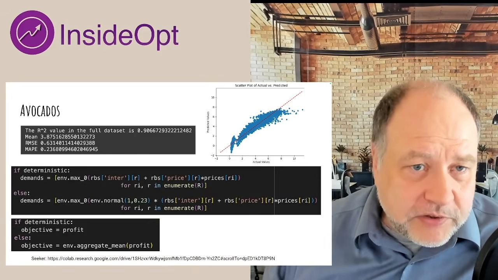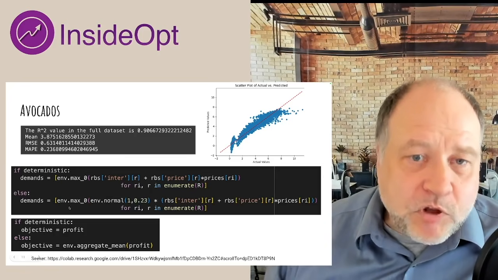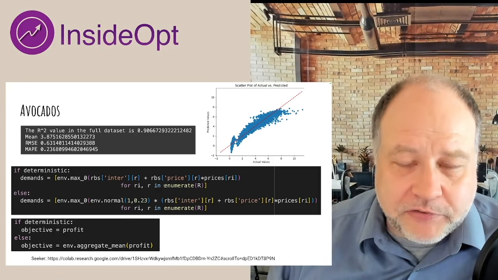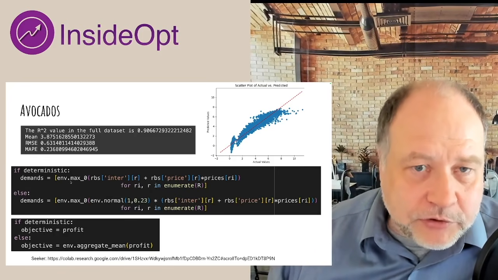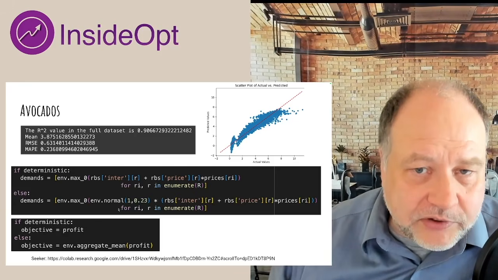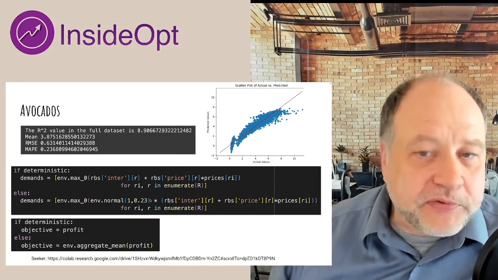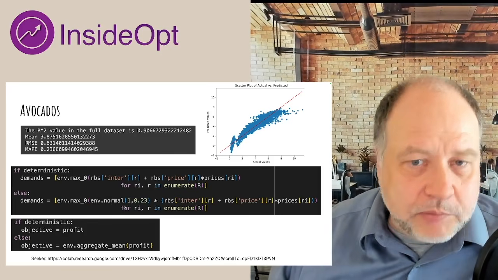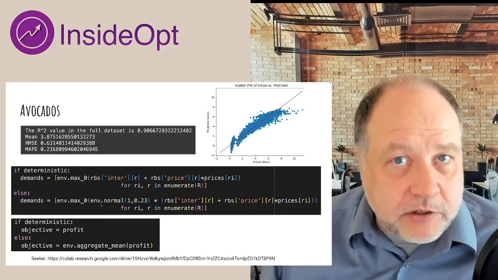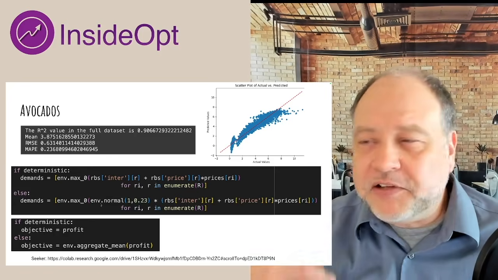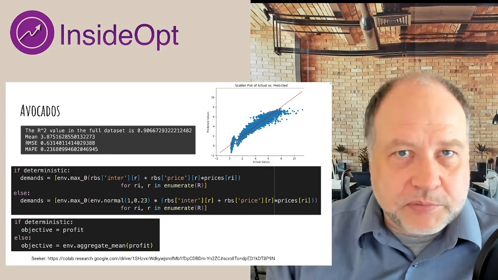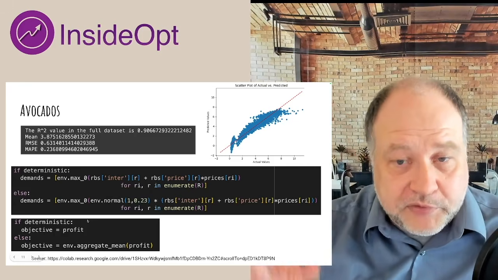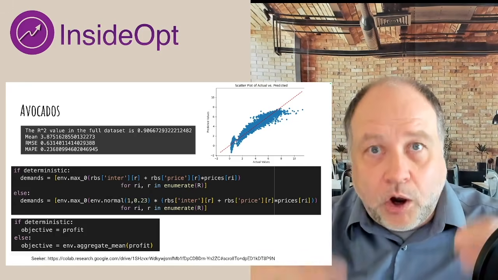The first one is when we compute the demand, we're not going to just take it from this linear regression over here and turn it directly into the demand, but we put a stochastic multiplier with standard deviation 23%, which we took from this MAPE over here, and multiply it there. So that makes the demand a stochastic value now. And that means the sales and the profit and everything else is going to be stochastic now as well. And that means that before we maximize our profit, we need to take a statistic over that result.